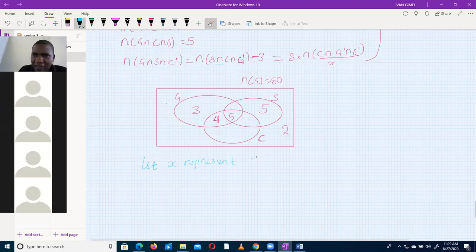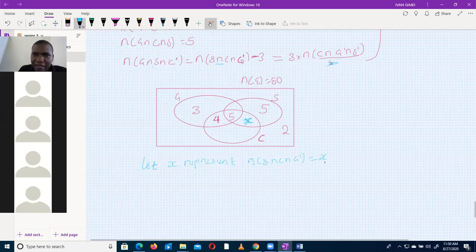Let it represent the number of S intersection C intersection G complement. That means that my number of S and C only is X. S and C only is this region, isn't it? This is my X. If this is S and C only, what will be in G and S only?